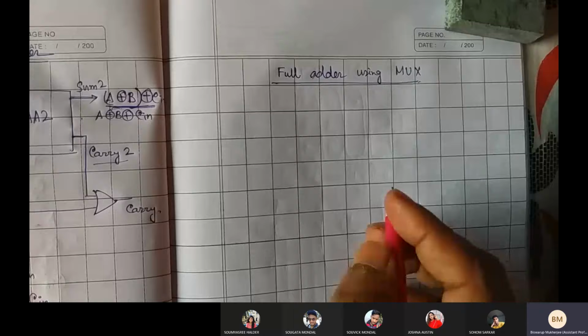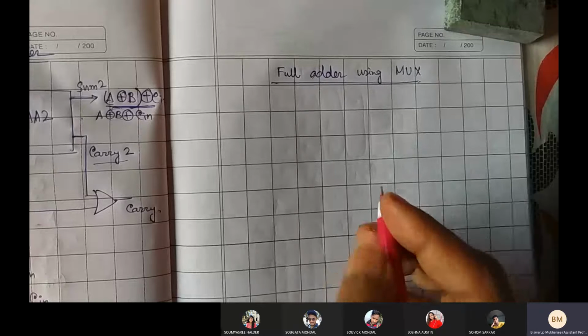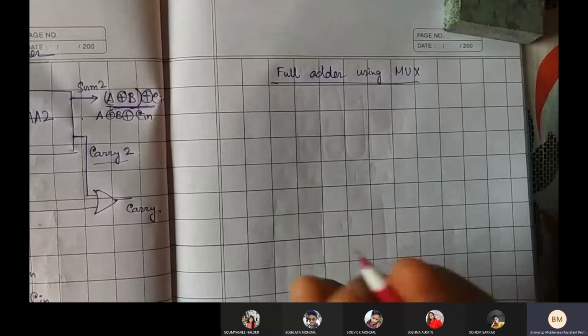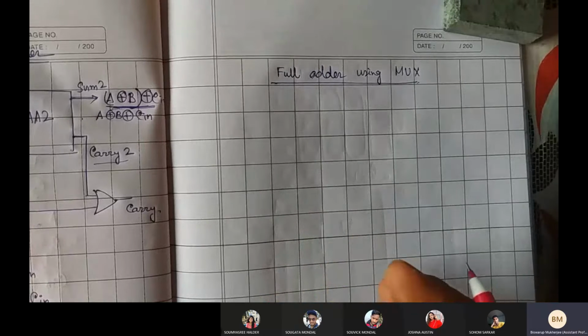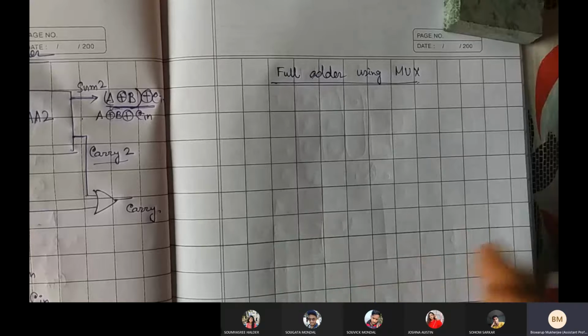Two ways are there. For a full adder, that means ABC, 3 inputs, we can use one 8:1 multiplexer, where all the inputs should be connected with select lines. We can use that, but I am not going for that one.